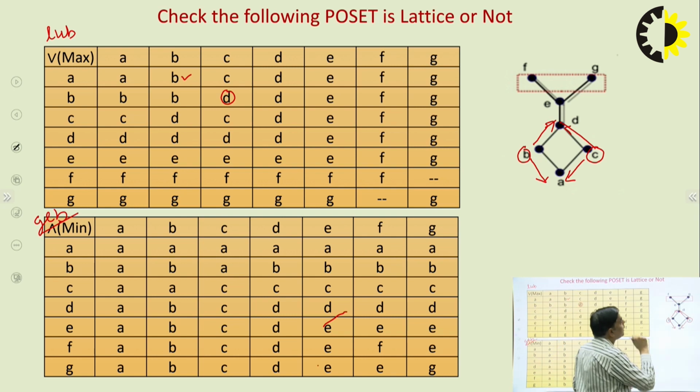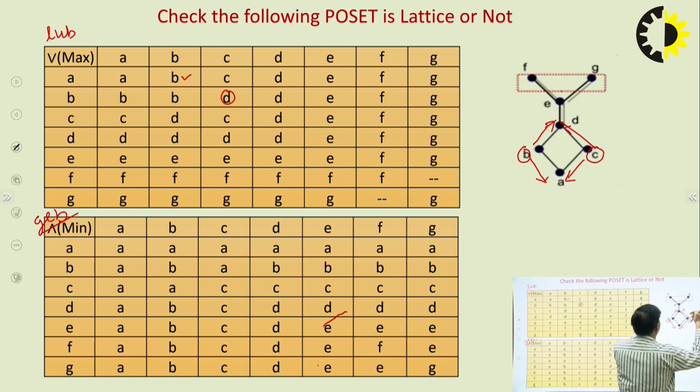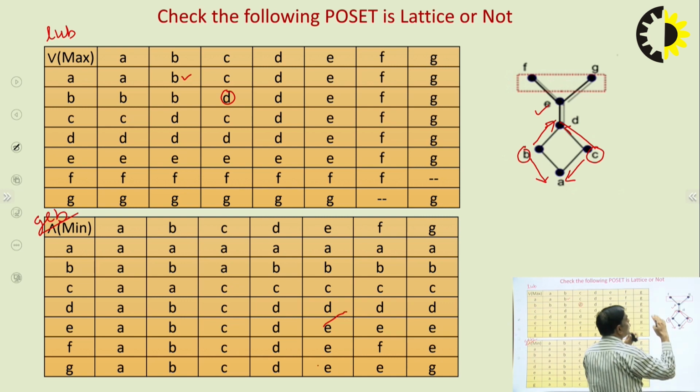In the same diagram you can see F and G. Again these two elements are not related to each other, but we have to find the LUB and GLB. If we find the GLB, then you can see E is the GLB because this is the meeting point. But when we are going upward, no element exists at a joining point.